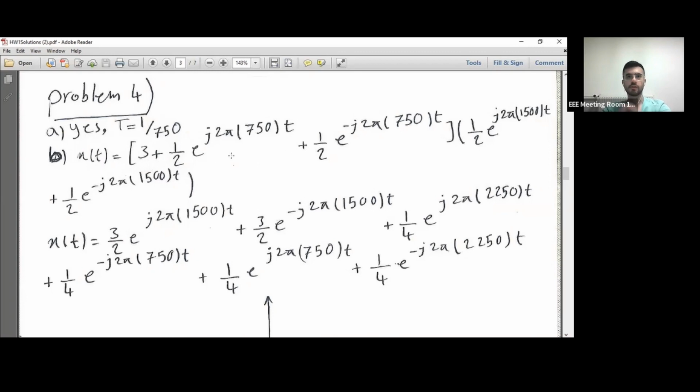We need to write as these. x of t equals 3 plus 1 over 2 times e to the power of j 2 pi 750t plus 1 over 2 times e to the power of minus j 2 pi 750t, times another cosine, which is 1 over 2 times e to the power of j 2 pi 1500t plus 1 over 2 times e to the power of minus j 2 pi 1500t. So this is the form of exponential we need to write because we need to plot the spectrum.